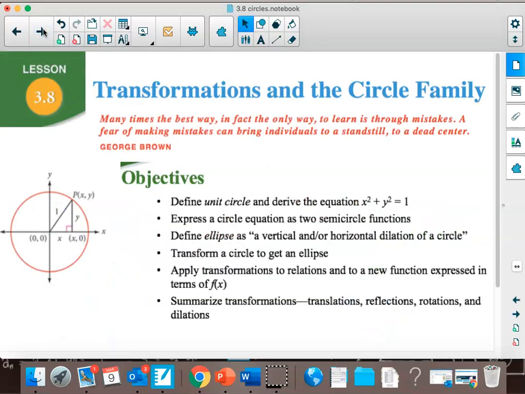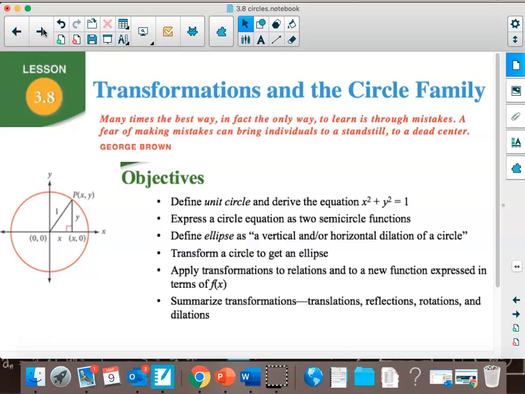Today we're doing section 3.8, which is transformations with circles. So technically you can reflect anything.